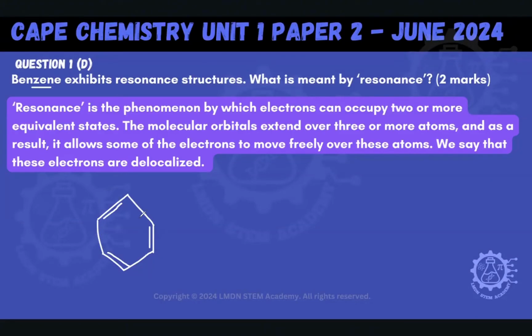But the interesting thing to note here, when we're talking about resonance, what we're saying is that this double bond, guys, could potentially also be here. This one could also be down here. And this one could also be over here. And that form would look like this, right? Let me draw the shape again.